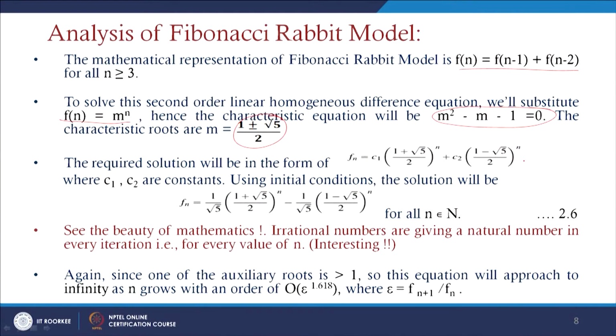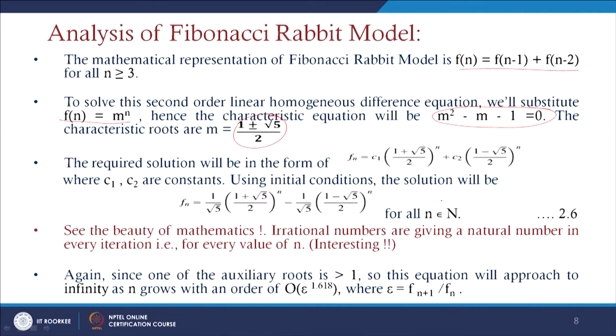Since in this equation all the irrational numbers are involved, and in analysis we find that when irrational numbers are involved in an expression, they usually produce an irrational number. But the beauty of the equation is that you get a natural number when you assume any natural number n.